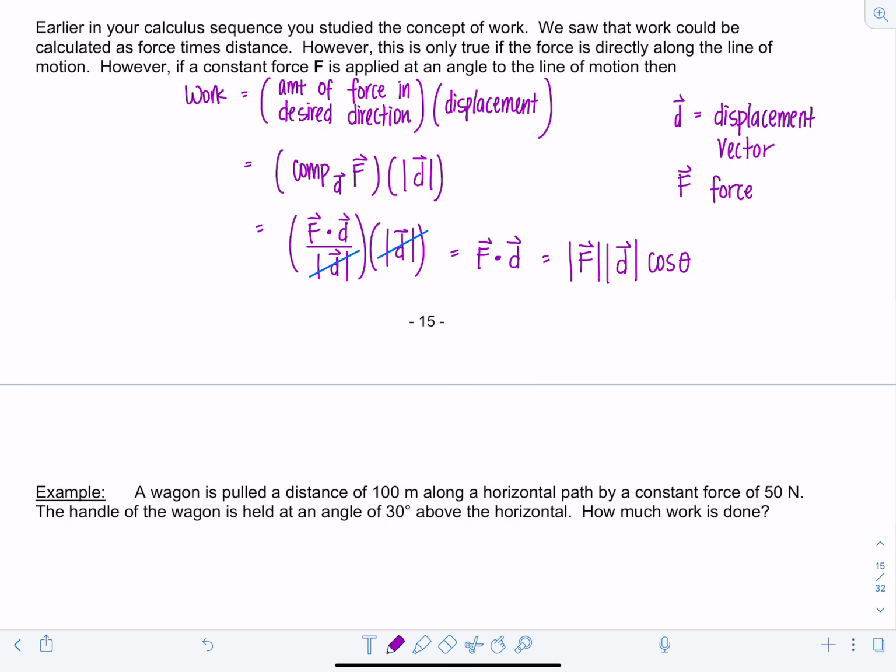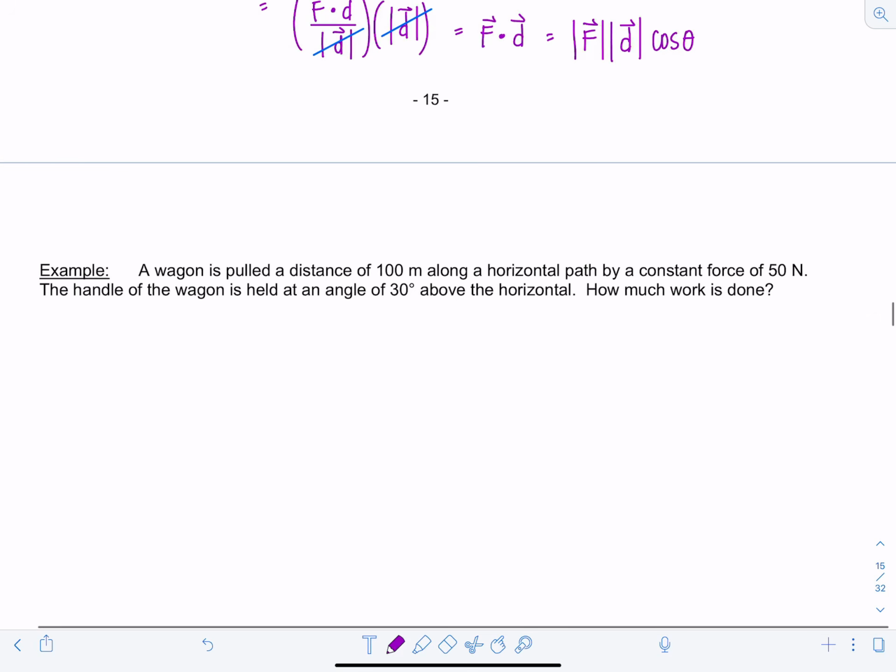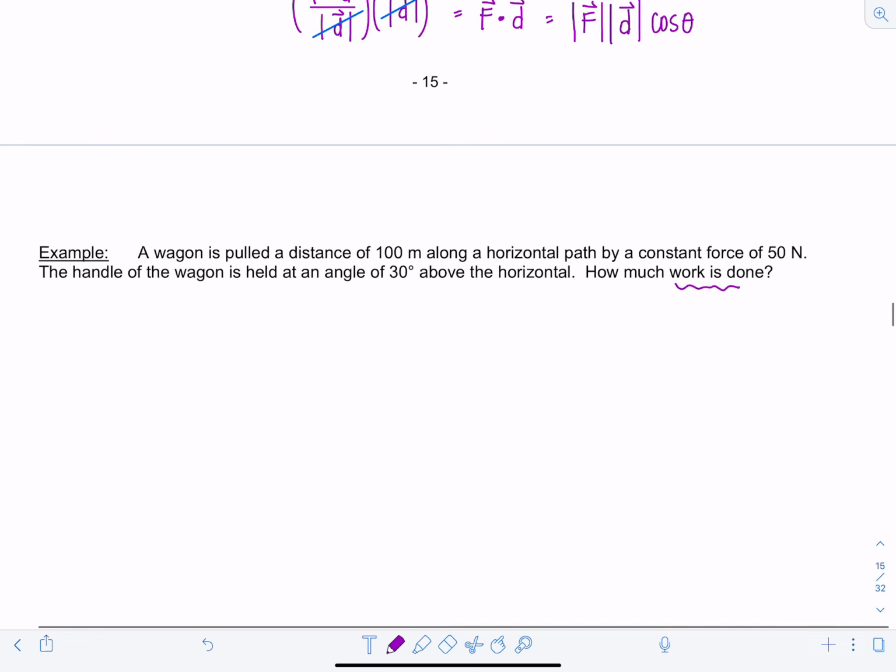So we're going to look at a very straightforward example of applying this here. We have a wagon, and it's pulled a distance of 100 meters along a horizontal path by a constant force of 50 newtons. And the handle of the wagon is held at an angle of 30 degrees above the horizontal. So how much work is done? I'm just going to draw a little diagram.